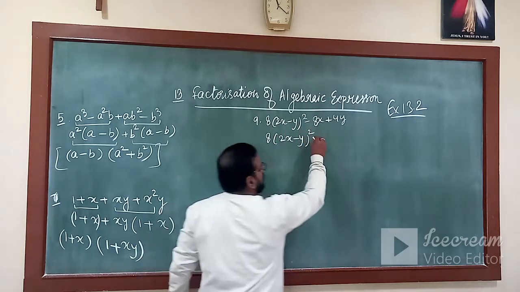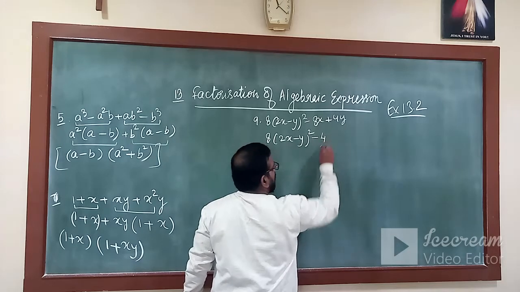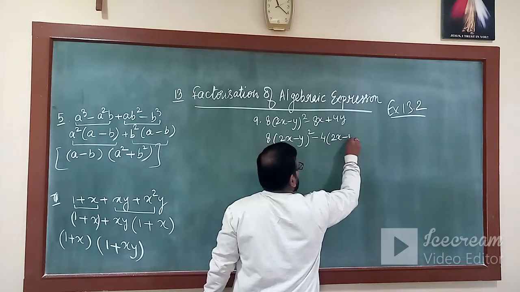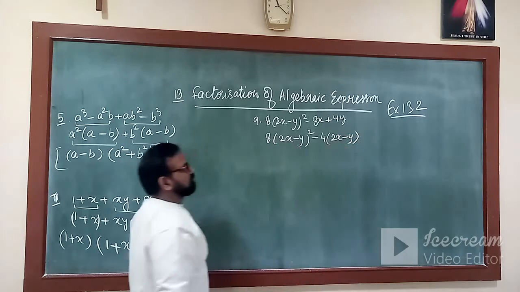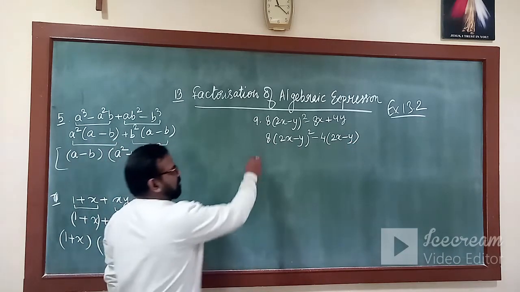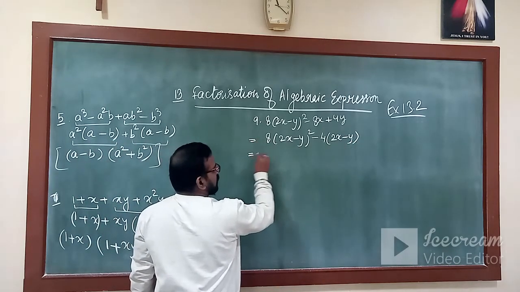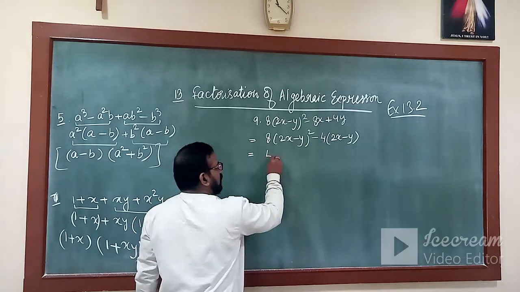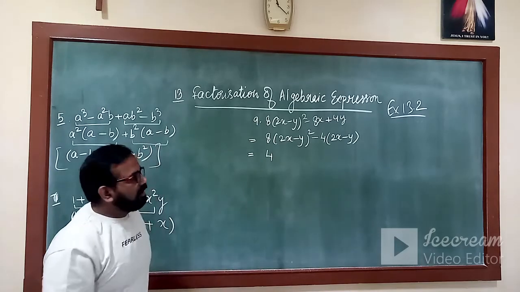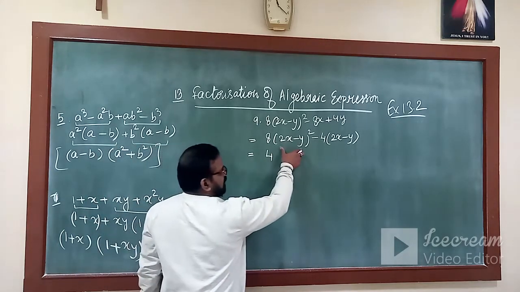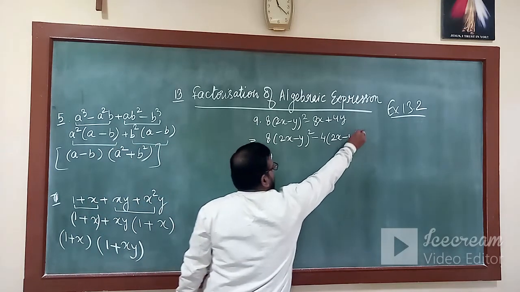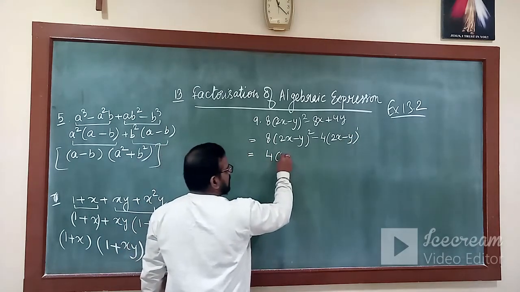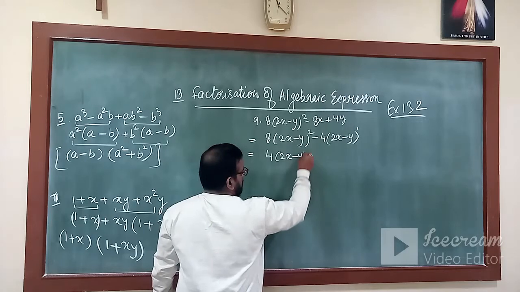So what am I going to do? I am going to take 4 times 2x minus y as common. Okay, now this type of question we have already done. Among 8 and 4, the HCF will be 4. And for 2x minus y square and 2x minus y, there is no power, that means the power is 1, so the lowest power is 2x minus y.